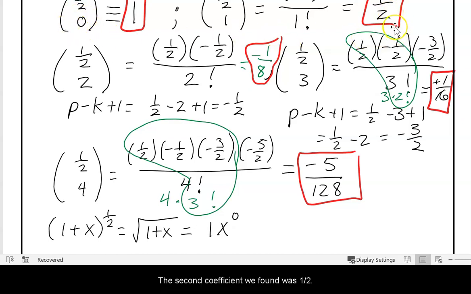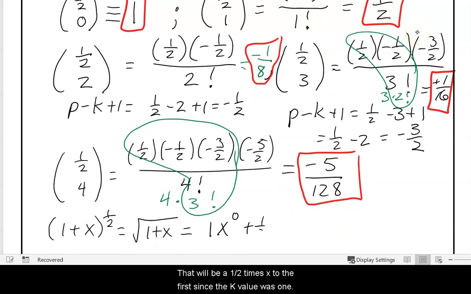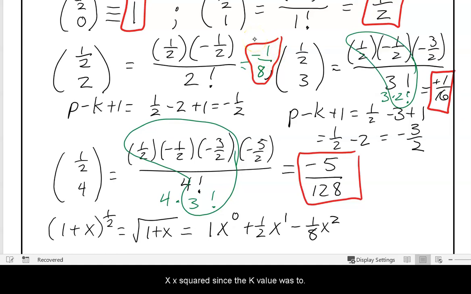The second coefficient we found was 1/2. That will be a 1/2 times x to the first, since the k value was 1. Next, we will have negative 1/8 times x squared, since the k value was 2. The third will be plus 1/16 x cubed, since the k value was 3.